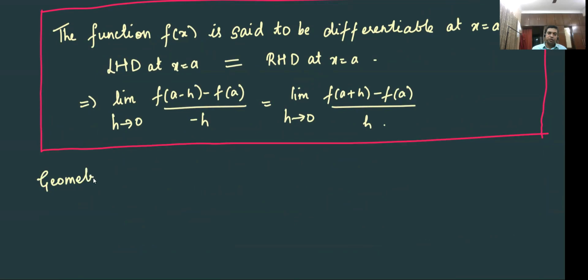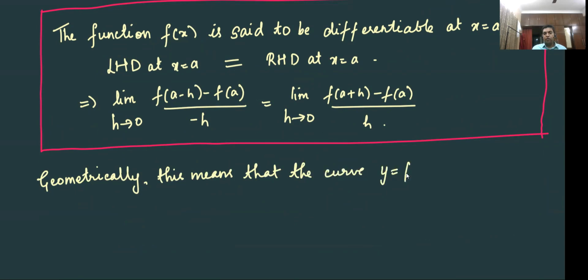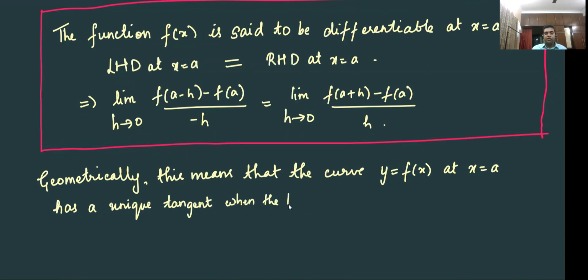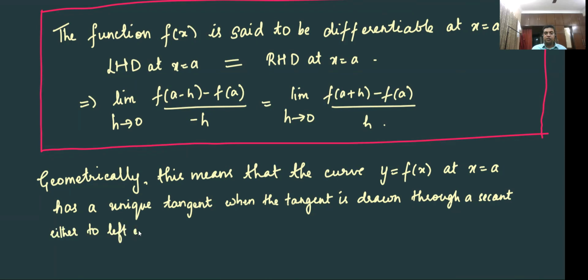Geometrically, this means that the curve y equal to f of x at x equal to a has a unique tangent, whether the tangent is drawn through a secant either to the left of a, f of a or to the right.